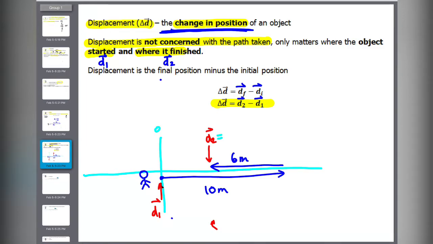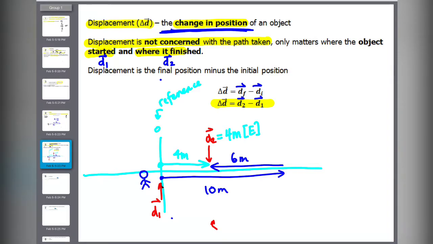Is it okay if I say that I am right now standing at 4 meters east from my starting 0, my reference point? So if I ask you what is the displacement, how much did I change in position? My displacement starts from the 0 and I walk this way. How many? Did you say 4?